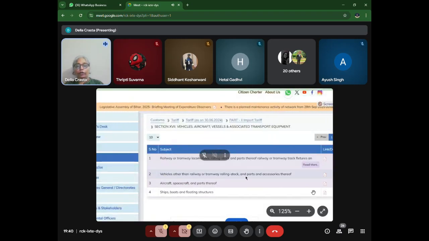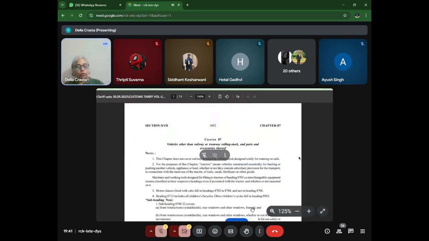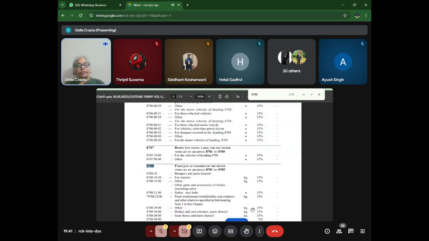Vehicles other than railway or tramway, etc. So, the heading given was 8708. What does it say? Parts and accessories of the motor vehicles of headings 8701 to 8705.